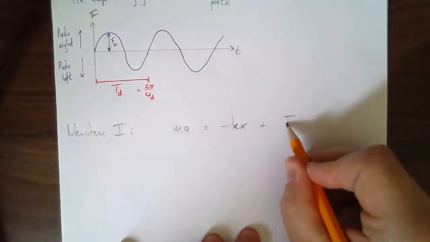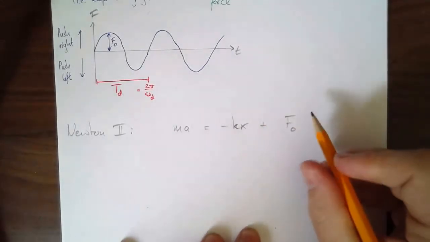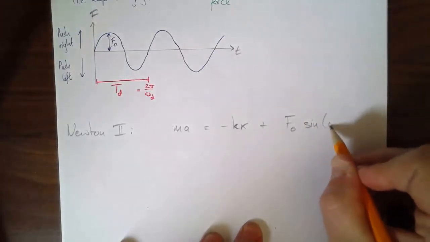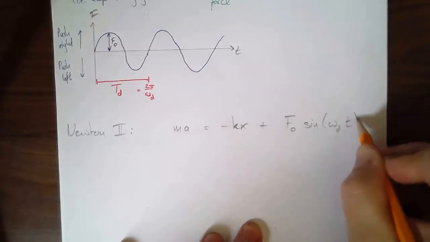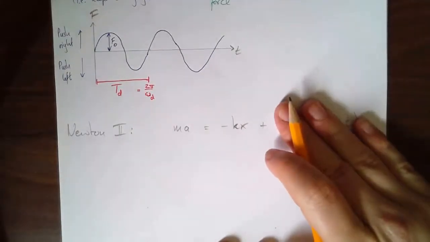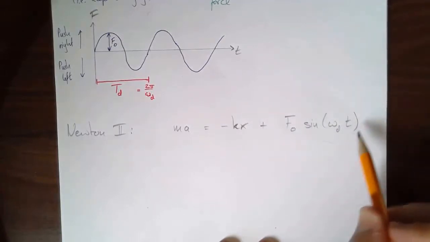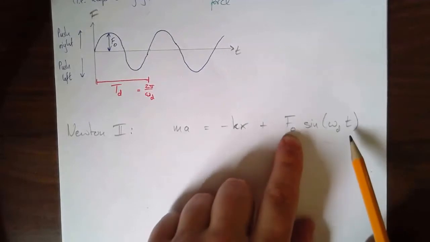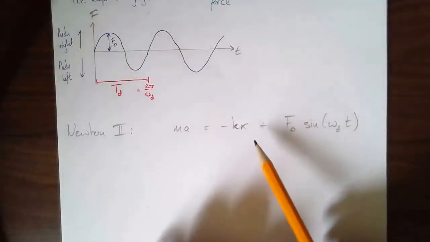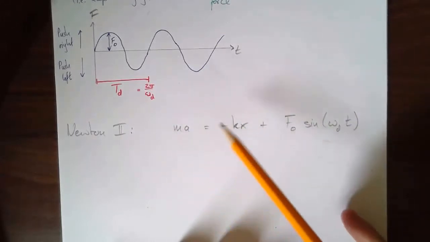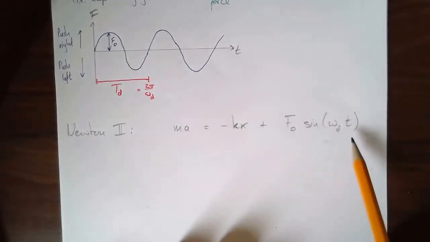Then I'm going to add to this driving force, F naught sine omega d t. So this is the spring by itself doing its thing. I'm going to add an additional force. So, in addition to the spring, there's this force. This force does not depend on where the mass is. Is it oscillating on the left or the right just now? Well, this one just does its own thing, just depending on what time it is.